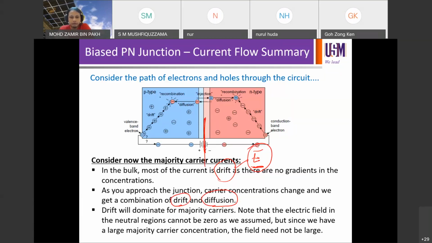Drift will dominate for majority carriers. Note that the electric field in the neutral region cannot be zero as we assumed last time. We assumed it's zero, but it's not zero in real life. But since we have a large majority carrier concentration, the field is not large, right? The field is not large, but it's not zero.